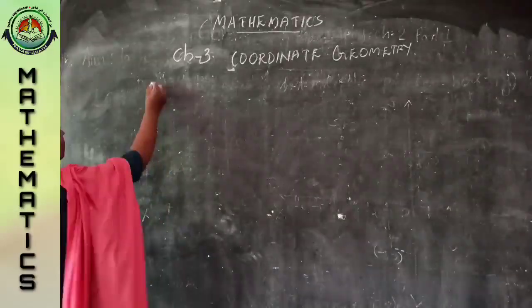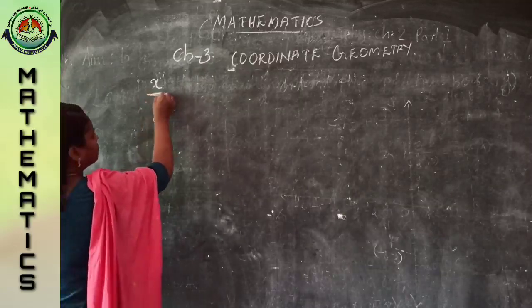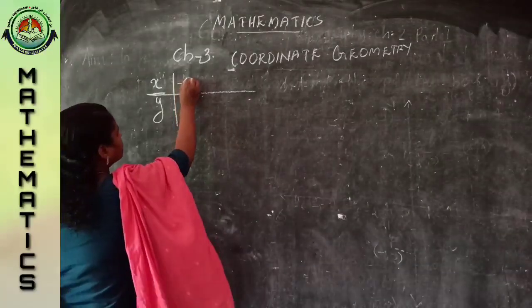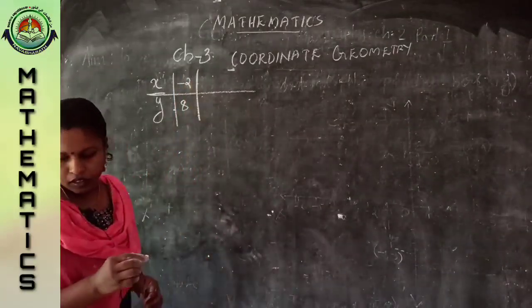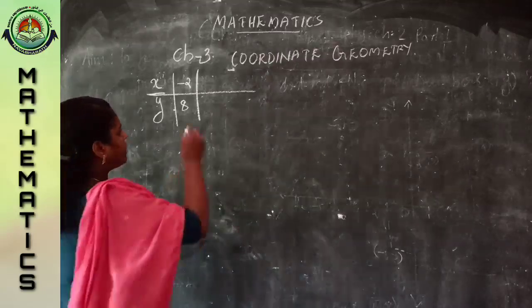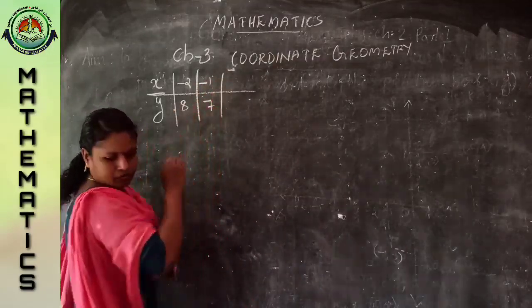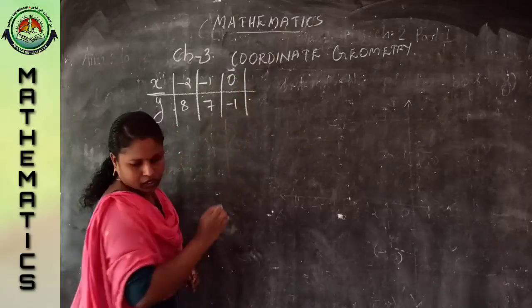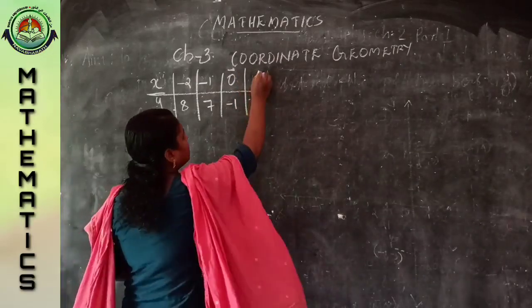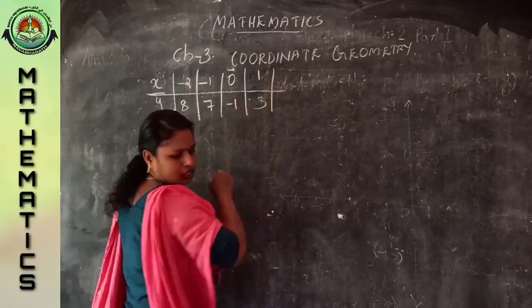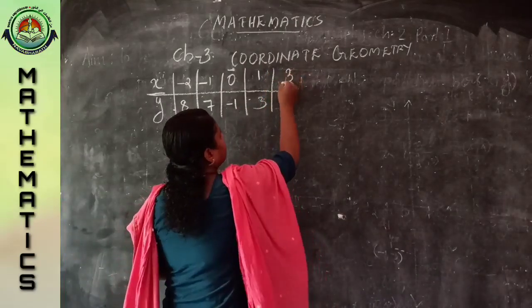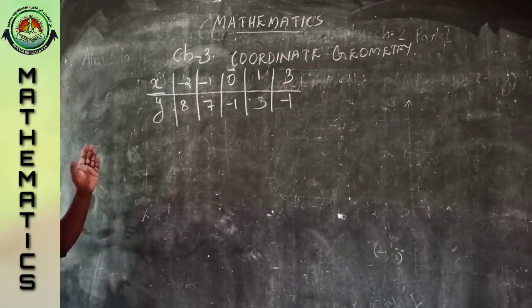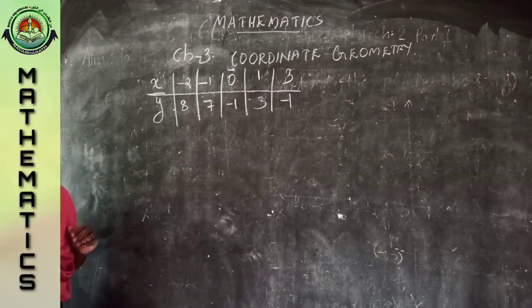A table is given: negative 2, 8; negative 1, 7; 0, negative 1; 1, 3; and 3, negative 1. We need to plot these points on a Cartesian plane.